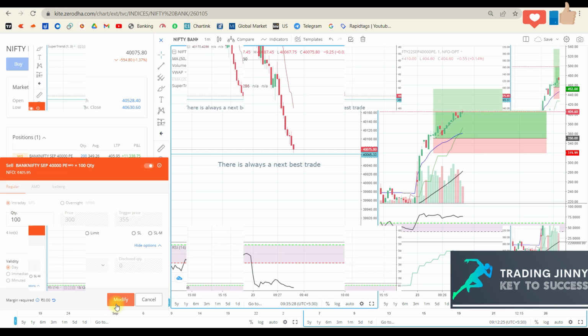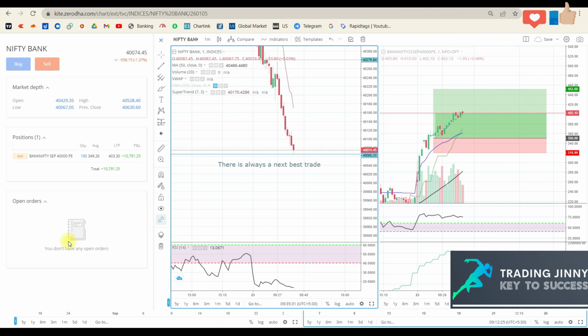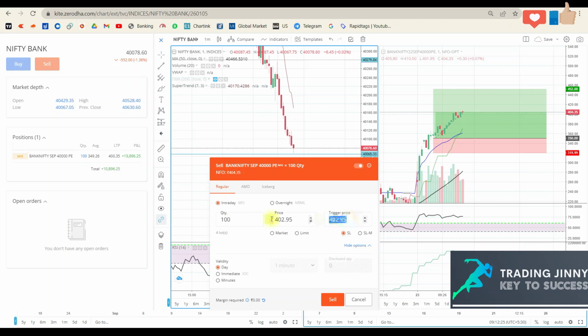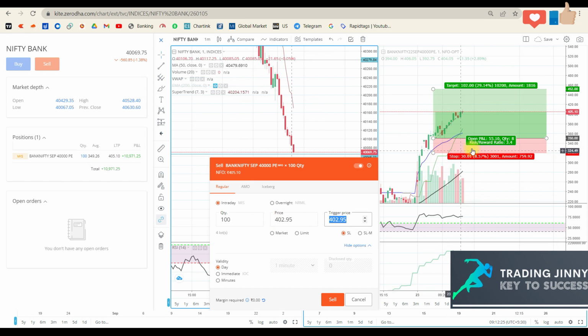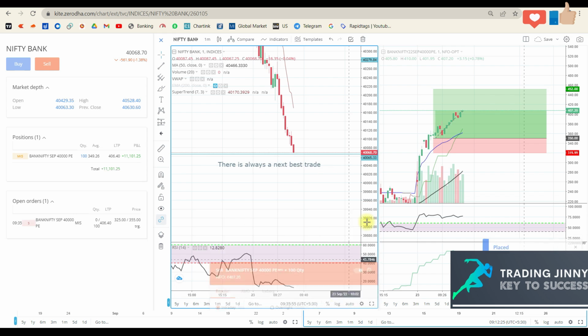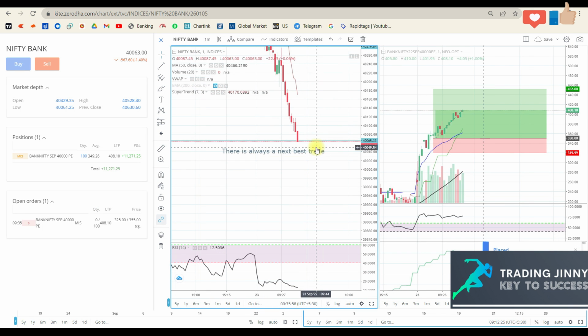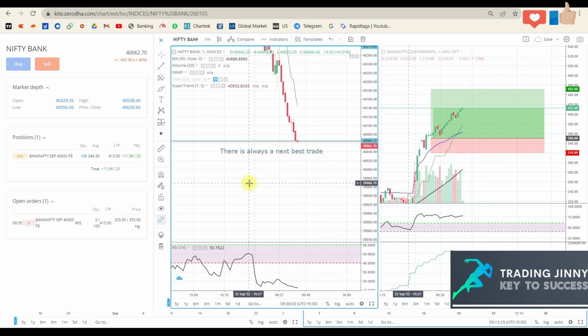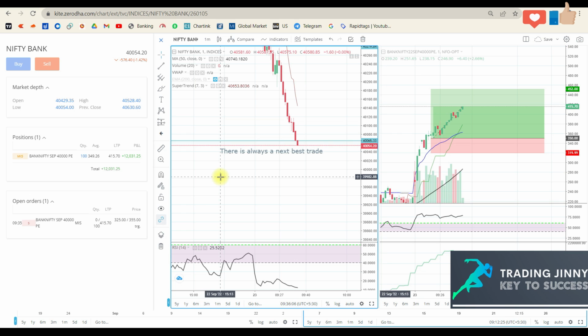Alright, guys, I'm booking at least 100 for now, and 100 I've exited, and for the remaining 100 I'll probably have a stop loss at my buying price, maybe 355, and sell. Now this is breaking this big support also, which is turning out to be really fantastic.